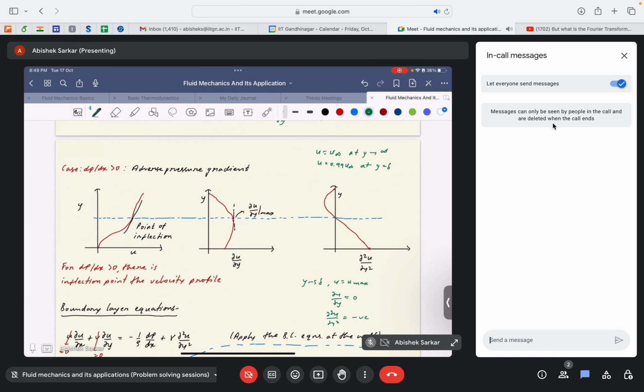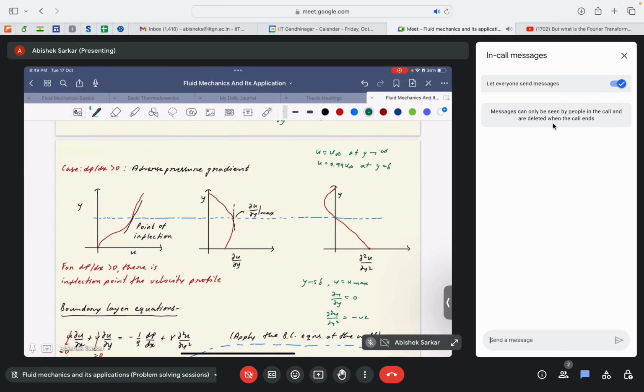So it means that ∂²u/∂y² has to be negative, and also it has to reach a value 0 once y approaches infinity, or in this case some value nearby the boundary layer thickness.